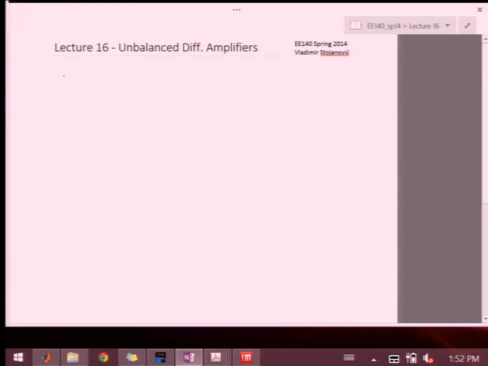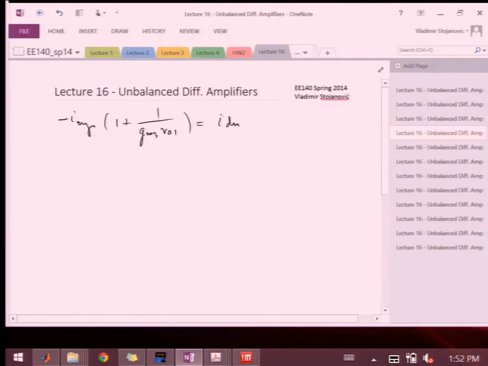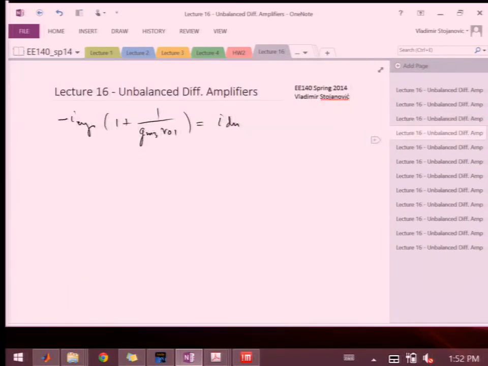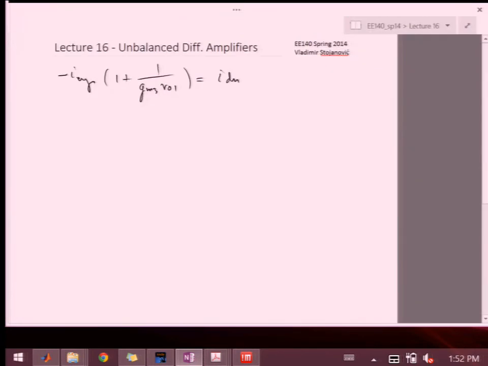Okay, so let's start from that equation again. If we plug that back into the first one we wrote, which was this simple one around the RSS node, so we're going to repeat that just so we have it.